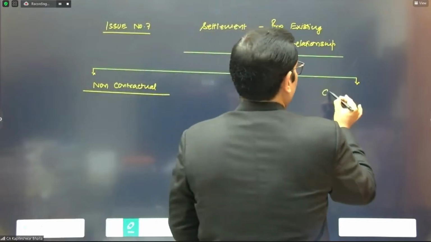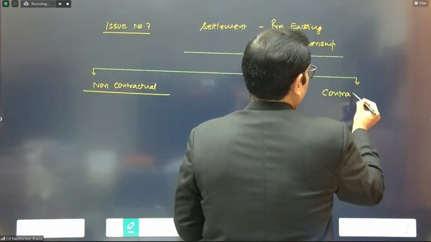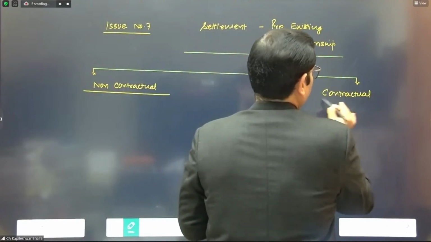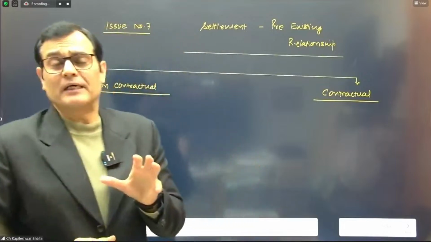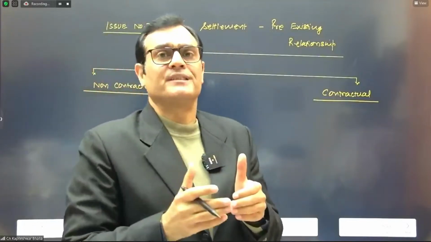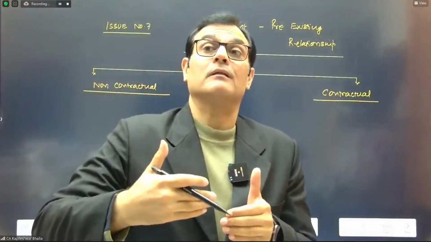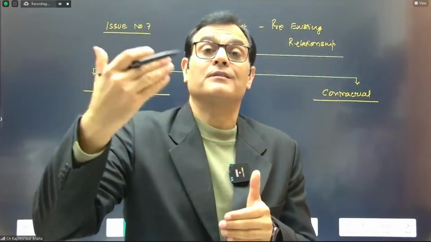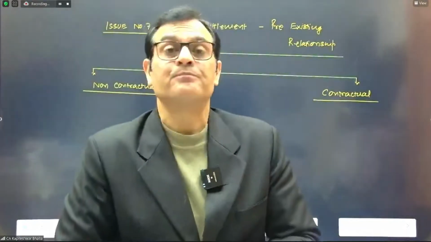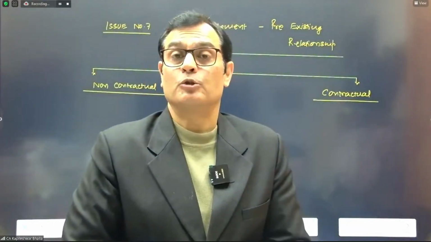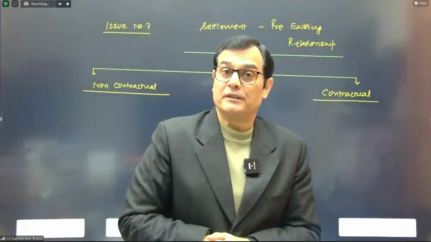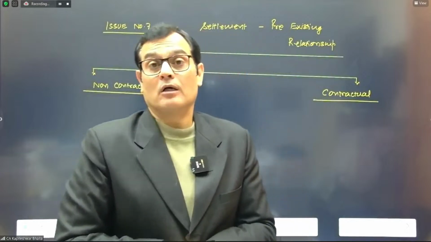Or we can say the relationship which was existing between them is contractual in nature, which would arise in a situation where, for example, the acquirer had granted a right to the acquiree earlier, like we saw in illustration 20, that there was a right which he had given to the acquiree on account of a license.